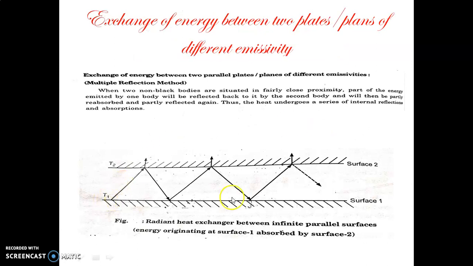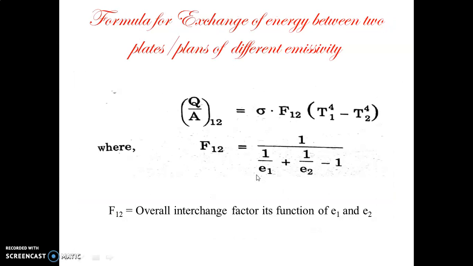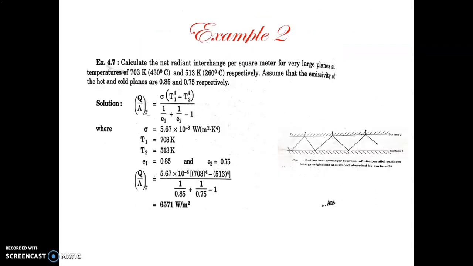T1 is the temperature of this surface and T2 is the temperature of that surface. You simply put in the values of E1, E2 and the temperatures, and we already know the value of sigma. Then we can calculate the exchange of energy between two parallel planes having different values of emissivity. We will see how to solve this type of problem.